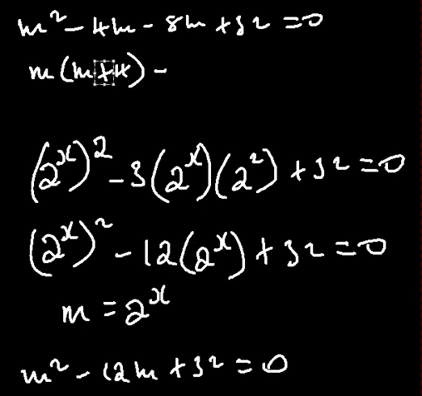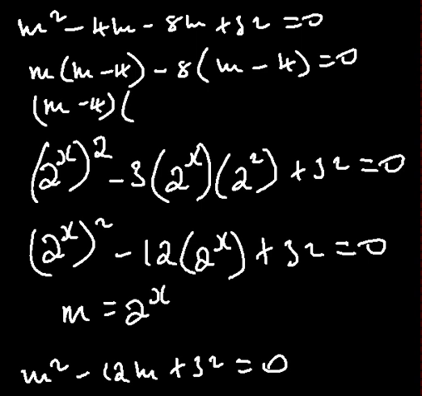So we'll have negative 8, so m minus 4, which is equal to 0. In this case we'll have m minus 4 and that times m minus 8, which is equal to 0.